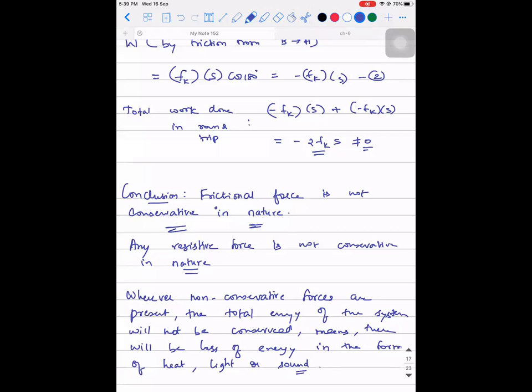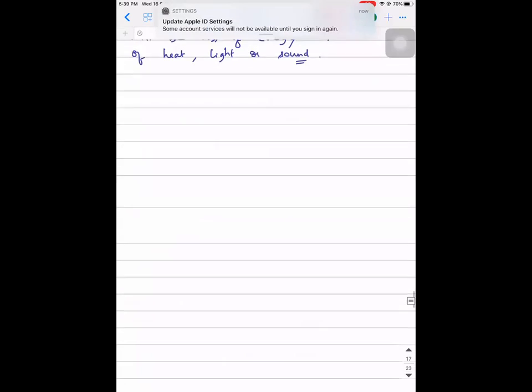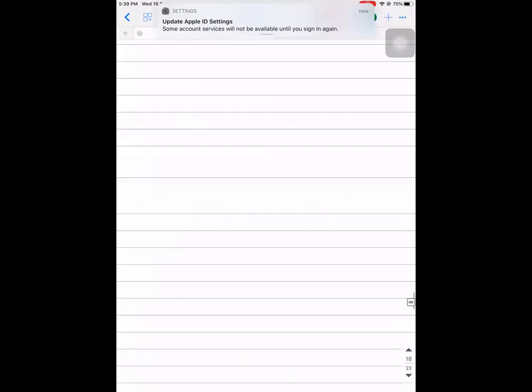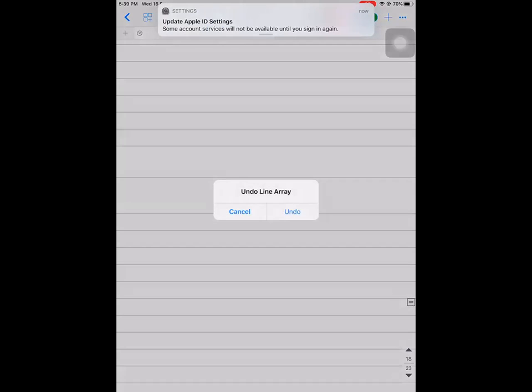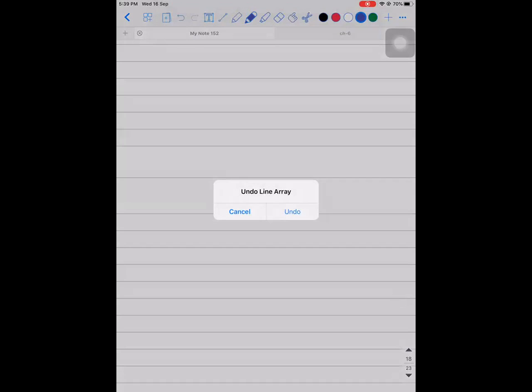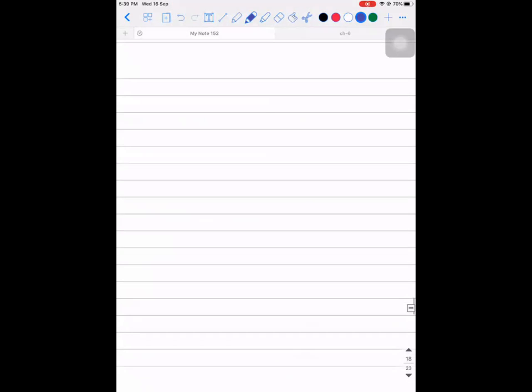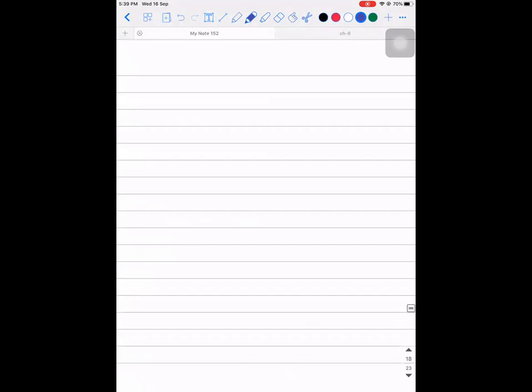Okay. Now we'll go to the next one. So based on these factors, now we are going to define a theorem called the energy conservation theorem. So write down energy conservation theorem.